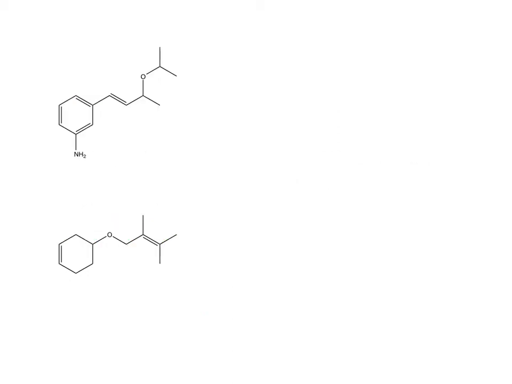Okay, some more examples. Looking at this, I can see that I have a benzene ring with an NH2 on it. That's going to be our parent, and that is aniline. So we have basically a substituted aniline. The substituent is a complex substituent, and it has an alkoxy group on it. So let's go ahead and first start with naming the complex substituent.